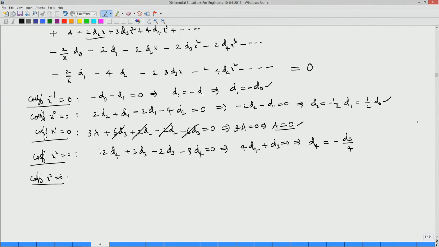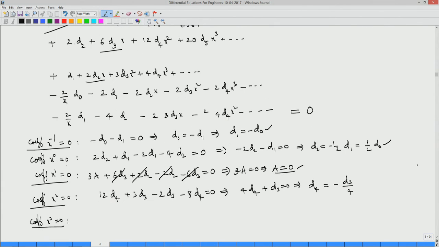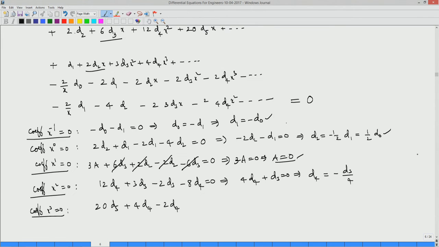Now, make the coefficient of x cube equal to 0 from these three. So, you look at this 20 D5, and then what you have is 4 D4, and then minus 2 D4. And here you get one more term, minus 2 by x times 5d5 x power 4, which is going to be x cube after removing this.